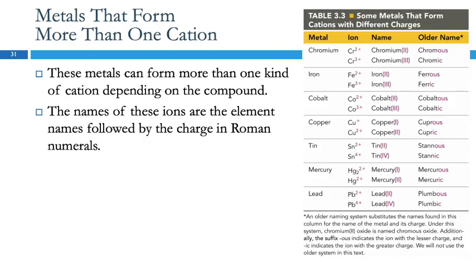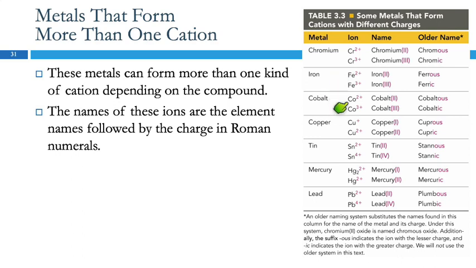Everybody else, all the other metals, can form more than one ion, or we're not going to talk about them. So all the other metals that we're going to see in this class can form more than one kind of ion. Here are some examples. Chromium might be +2 or +3. Iron can be +2 or +3.